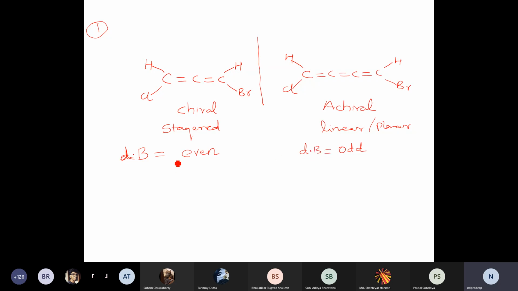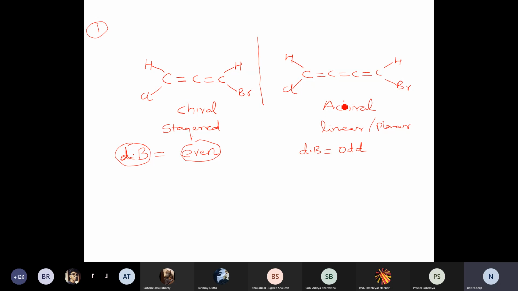If the number of double bonds is even, then you can directly call them allenes. This is the first condition. We are formulating the first condition. If the number of double bonds is even, then we can think the allene to be chiral. If the number of double bonds is odd, then the molecule itself we cannot call an allene.